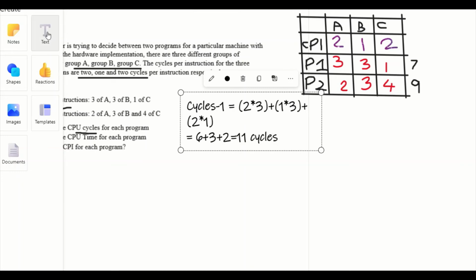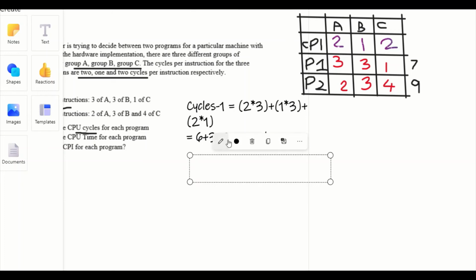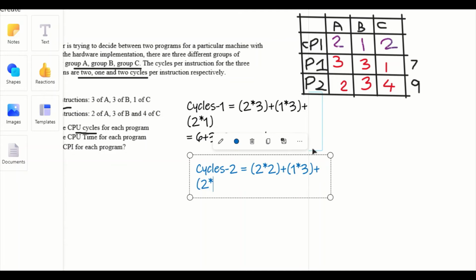So I finish my first calculation. Now I'm doing the second: cycles for program 2. Again, what is the formula? Summation of CPI times the count. CPI for A is 2, count for A is 2, plus CPI of B is 1, count for B is 3, plus CPI of C is 2, count 4.